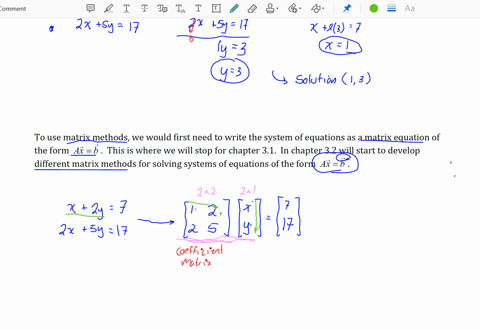And this has to equal 7. The second part will be 2 times x plus 5 times y, and this has to equal the right-hand side, 17. So now we can say the system of equations is in matrix equation form, AX equals B. And this is where we're going to be starting in chapter 3.2.